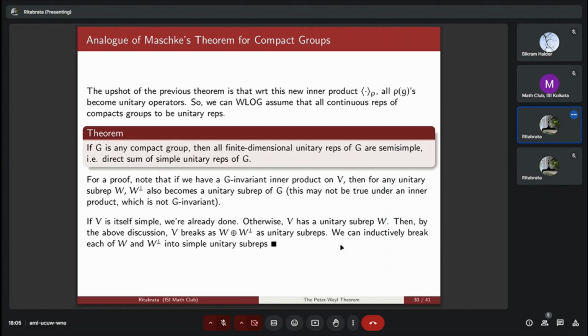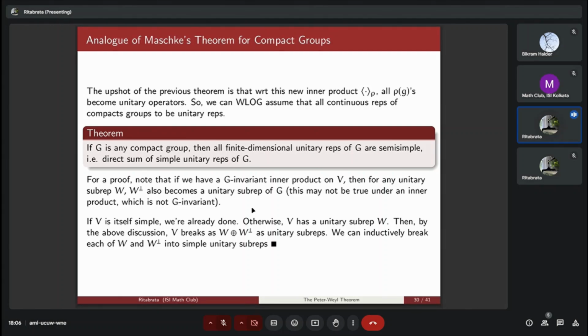So the upshot is that this will not hold for any inner product. The G-invariance is very important. So on the Hilbert space, if our inner product is not G-invariant, we will just average to make it G-invariant and work with that. The advantage is that given any subrepresentation, its orthogonal complement also becomes invariant. Now, for a finite dimensional representation, we can proceed inductively. If V is itself simple, we're already done, nothing to prove.